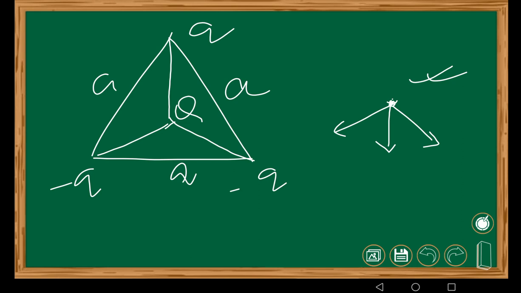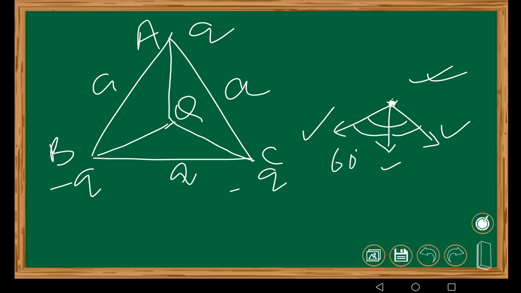This is the force due to the Q at vertex A. This is the force due to the minus Q at vertex B, and this is the force due to minus Q at vertex C. The total angle is 120 degrees and it is bisected here, so we get this angle as 60 degrees and this angle is also 60 degrees.